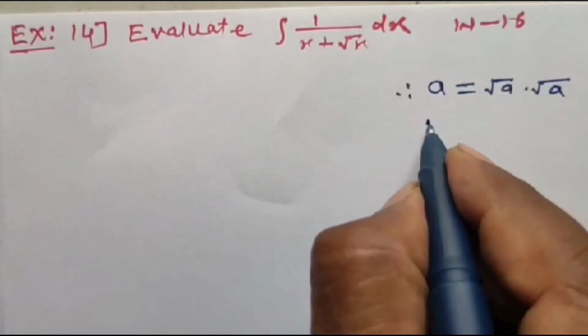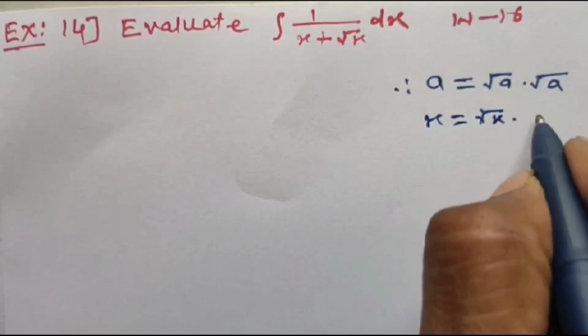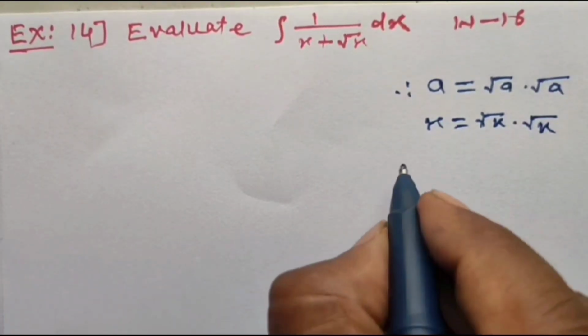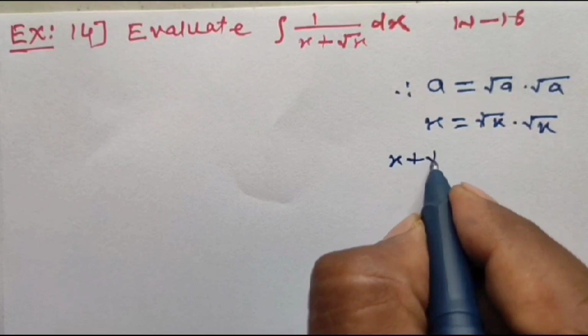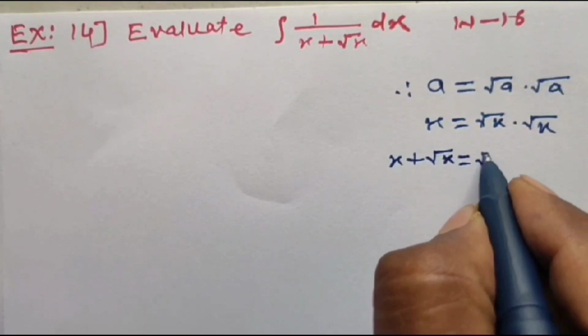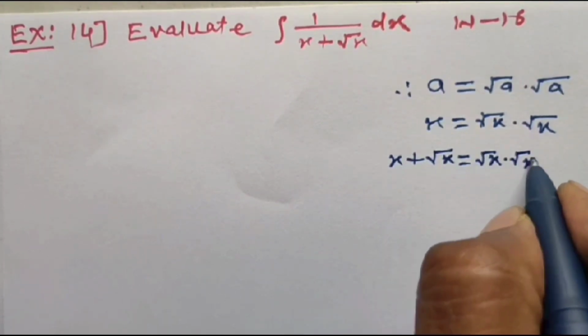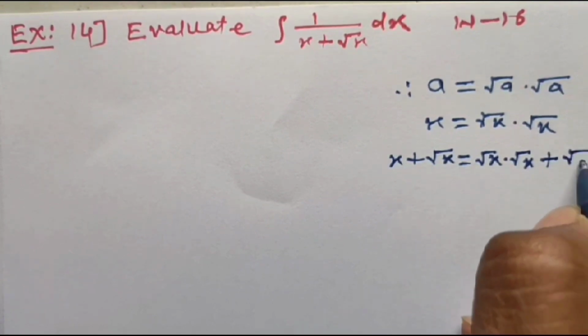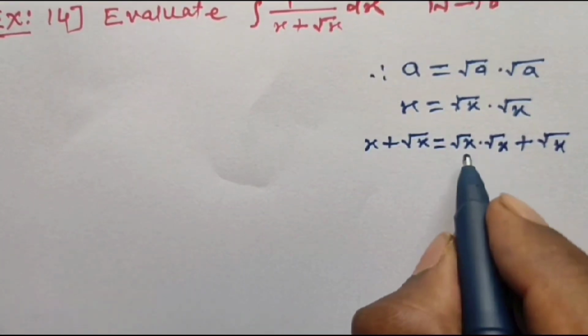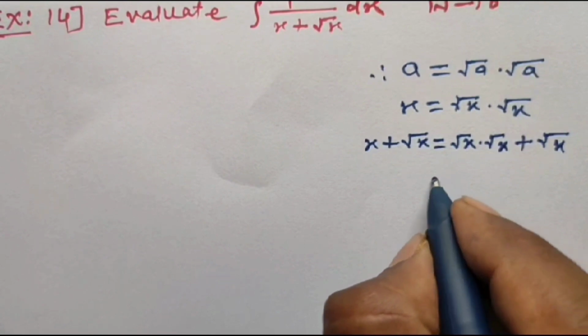So x can be written as square root of x into square root of x, and then x plus square root of x is equal to, we can write, square root of x into square root of x plus square root of x. And now you can take square root of x common from these two brackets.